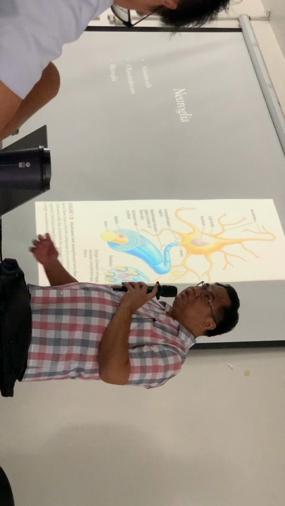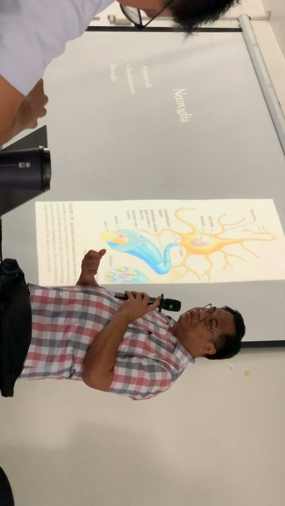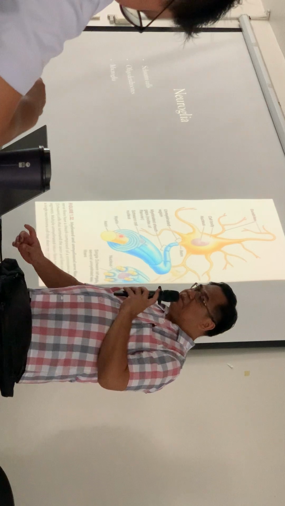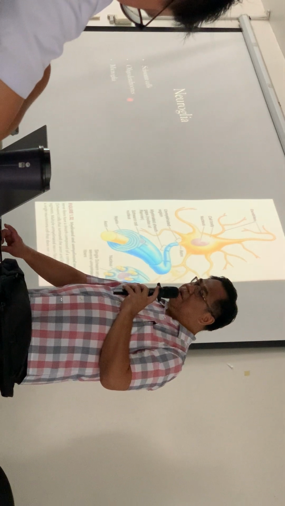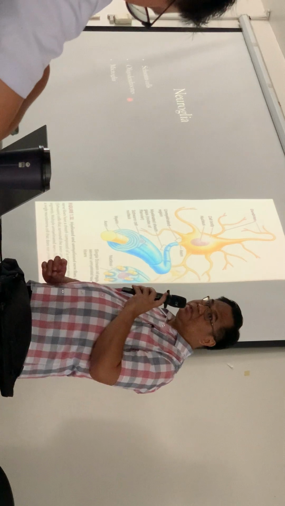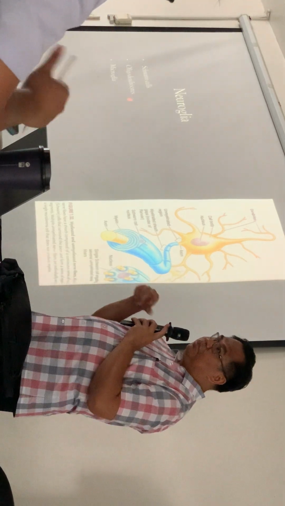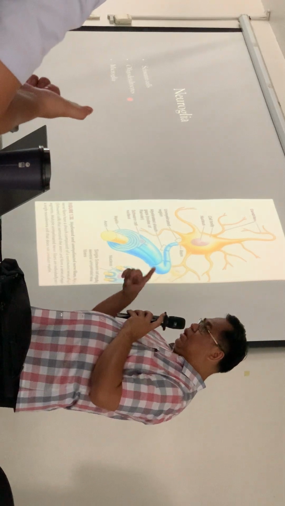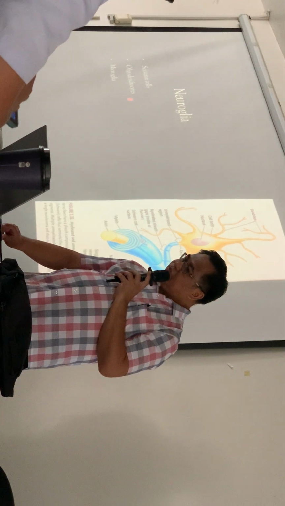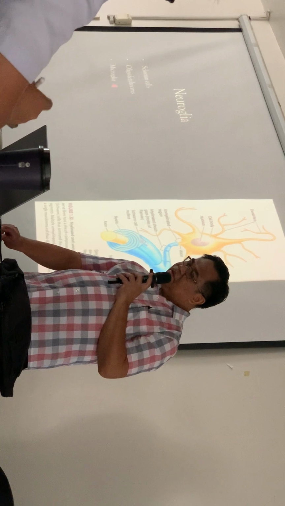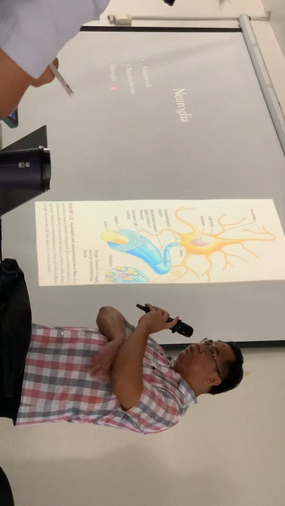Schwann cells are found in the peripheral nervous system. In the central nervous system, in the brain and the spinal cord, their role is taken up by oligodendrocytes. Oligodendrocytes are also supporting cells, and they produce the insulation in the central nervous system. And then the other type of supporting cell is the microglia.